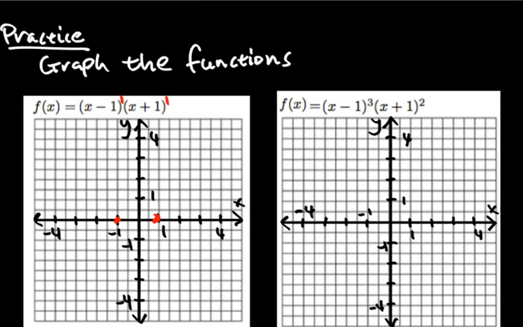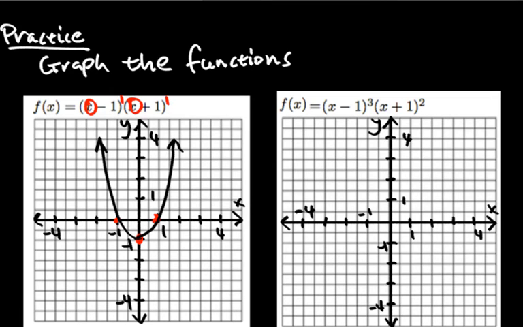But is it going to go like this, or is it going to go like that? We can figure it out a few different ways. Easiest way right now is figure out, first of all, what's the y-intercept. Plug in 0, then we'll get -1 times 1, which is -1. So that leaves us with the only option of going like this. And we get a positive looking parabola.